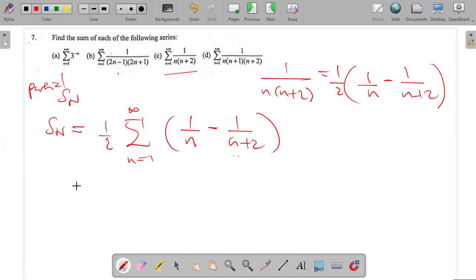And then you can see that if we start evaluating it, the first one is going to be 1, because that's at n.